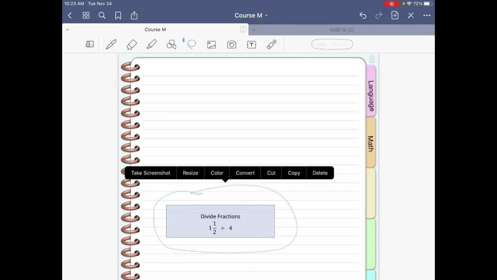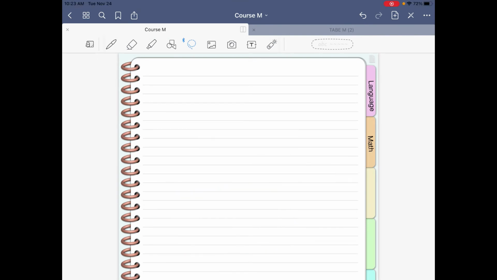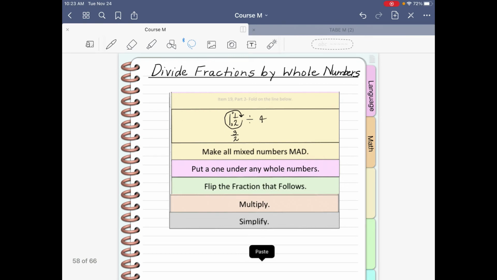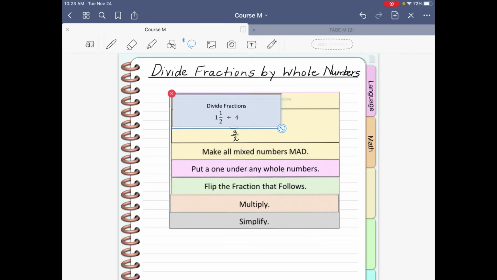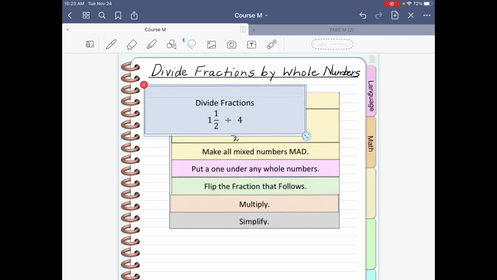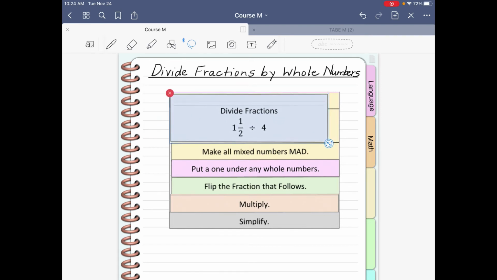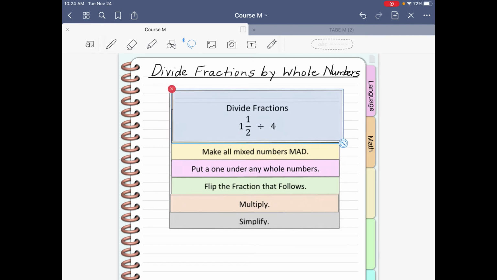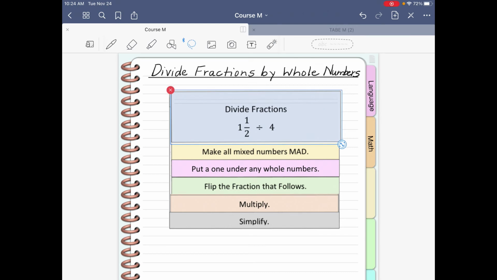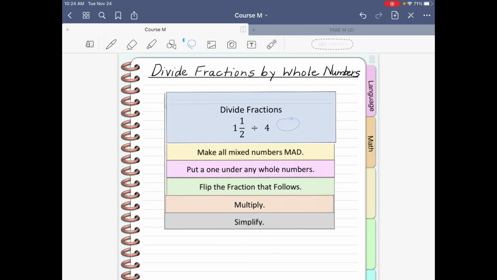And I did this for two reasons actually. First of all, it gives you the steps in a step-by-step way. So you can flip through this and follow this exactly step by step anytime you need to do this process. I also wanted you to be able to quiz yourself. So you can go back through and look at this.